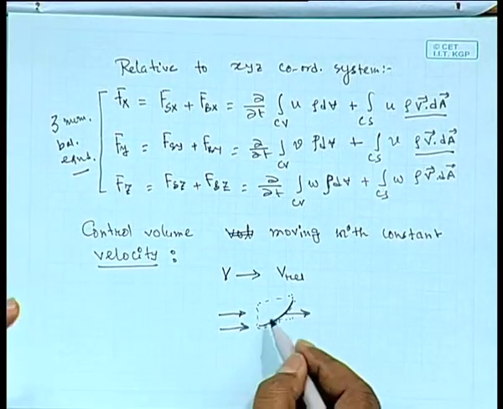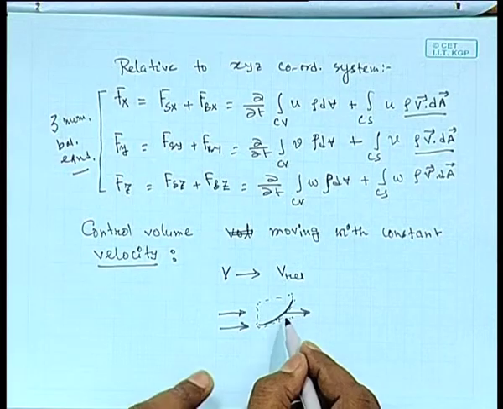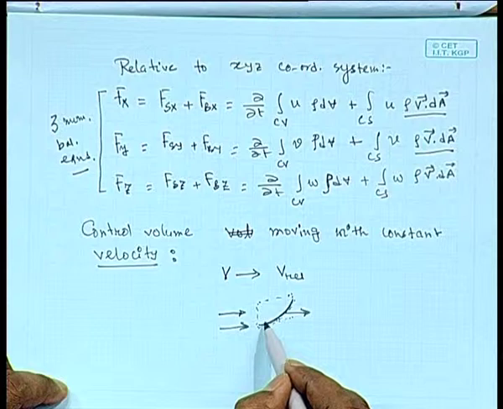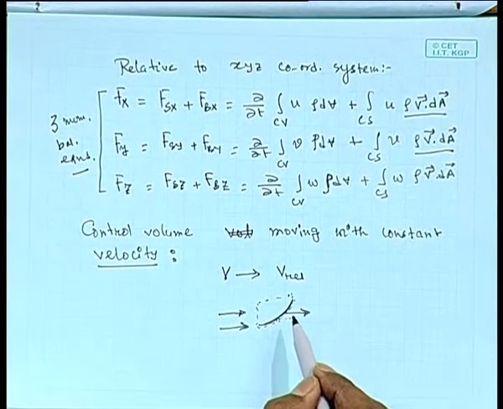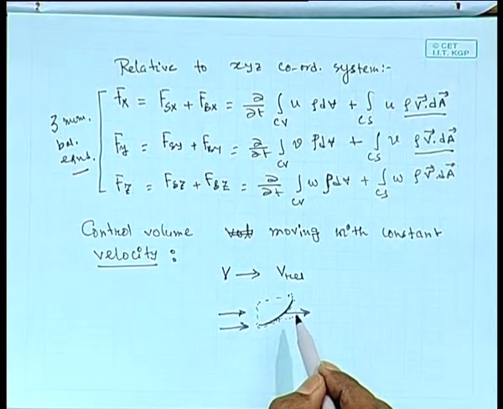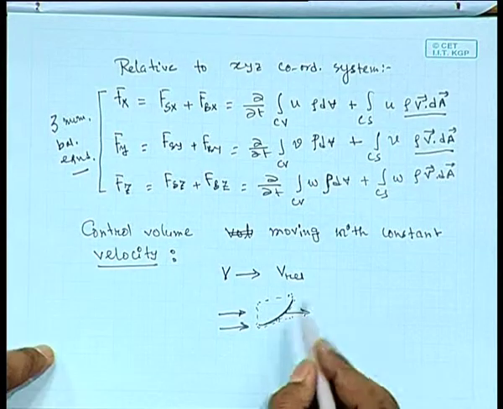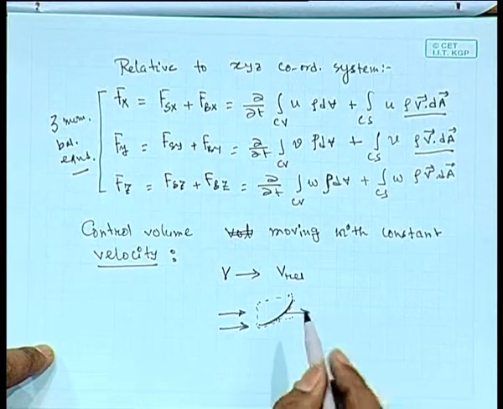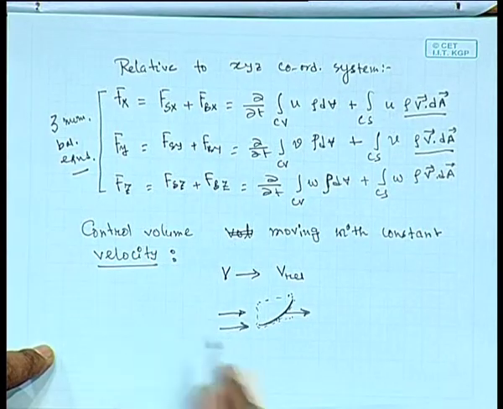Since our frame of reference is fixed here, all these quantities will be with respect to this frame of reference, but they are measured as if you are standing outside on a fixed frame of reference. So, all the velocity components will basically be relative velocities compared to the stationary frame of reference.